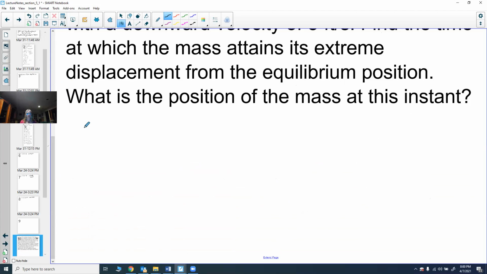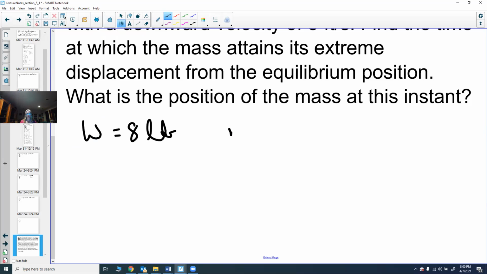So we have to talk about a few things. We know the mass. Actually, we don't know the mass. We know the weight of the object was 8 pounds. Can we find the mass?